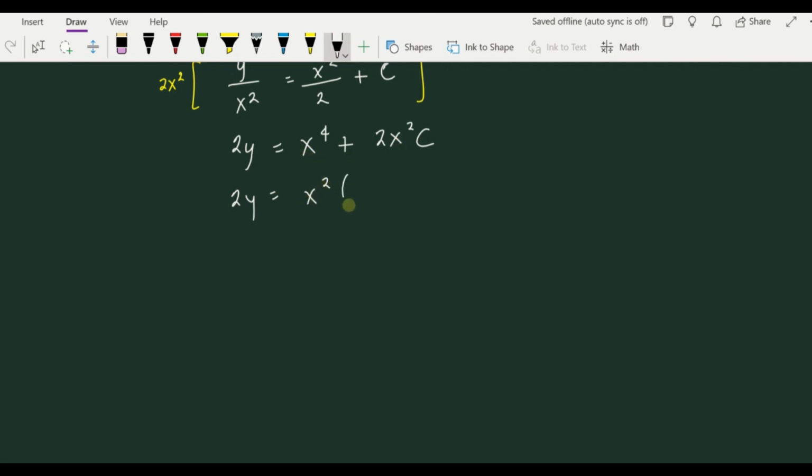So, x squared times (x to the 4th divided by x squared is x squared, plus x squared divided by x squared, cancel, so 2c). Okay, then we have 2y equals x squared times (x squared plus c). Bakit naging c? Kasi yung 2c, di ba, constant na yan. So, pwede lang natin gawin siyang c. Okay, so ganyan lang mag-solve ng linear differential equation.